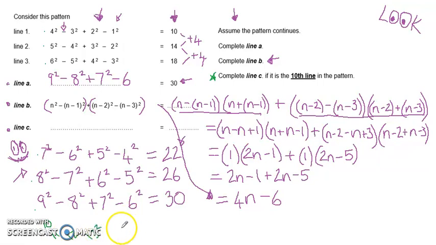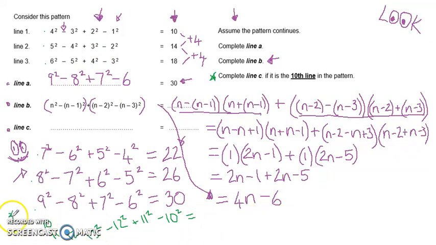So the 10 would be 13 squared minus 12 squared plus 11 squared minus 10 squared. And it would be quite easy to get the answer through doing all of that. Because why? Well, we just add 4 every time. So if that's the 1, 2, 3, 4, 5, 6, that's the 6th line.